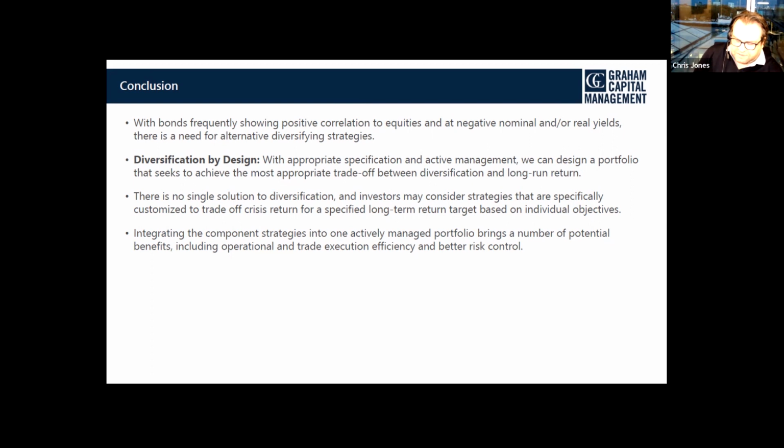But that's something with a positive long-run return that can also do the job in terms of not just crisis performance or downside diversification, but also consistency of performance. A lot of people look at expected return in a crisis, but that doesn't tell you how many crises you can expect a strategy to make money in.